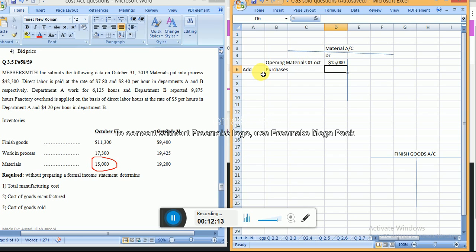It means that now materials transfer from store to work in process. So work in process increases, that's why work in process will be debited. And in materials account, material decreases. Why? We issued the materials. So on credit side, we will write the requisition of material. How much material put into process?